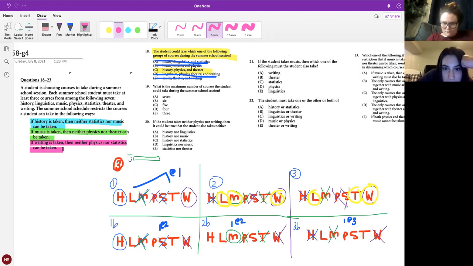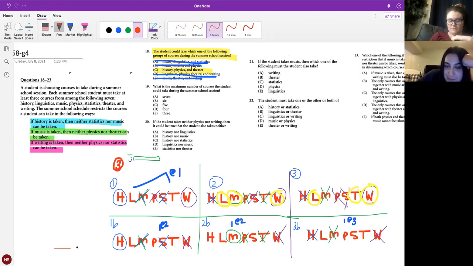So what other ones could we have, looking at all of them on the bottom? Technically this could be crossed off, and technically this could be crossed off. If we have them crossed off, it's also neither.